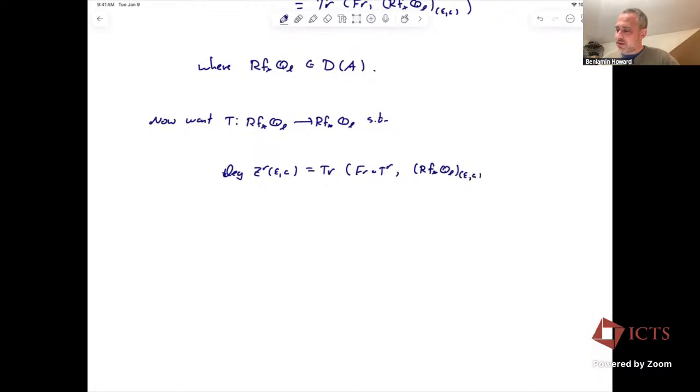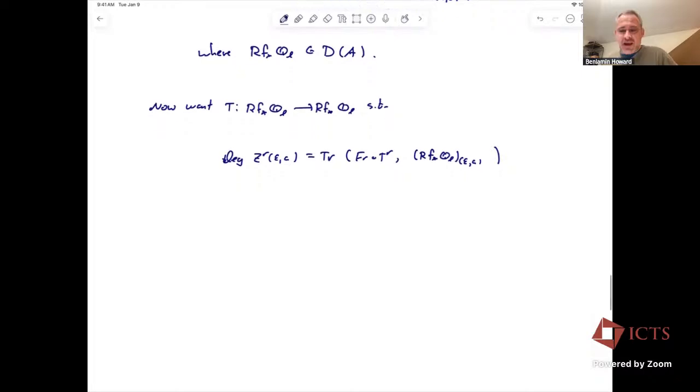Okay, so like I said, this T is the thing that's going to start with a zero Shtuka and add legs to it, one leg at a time. So it should be plausible that the following construction should work.